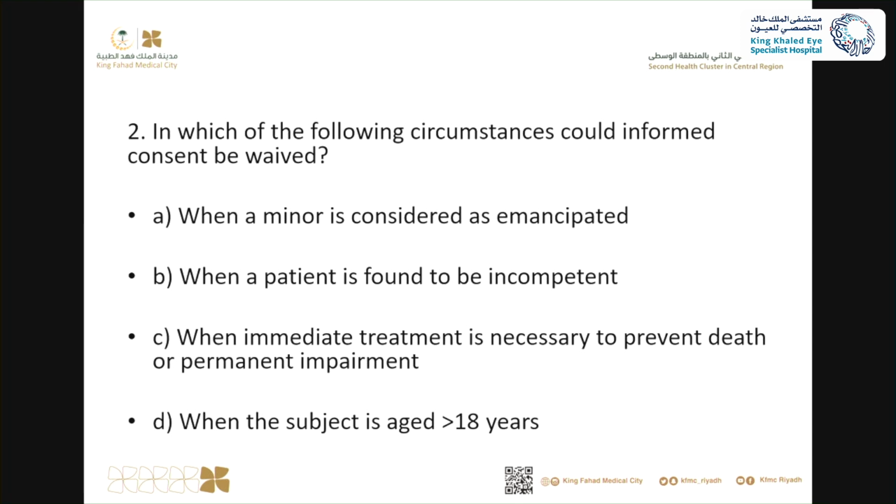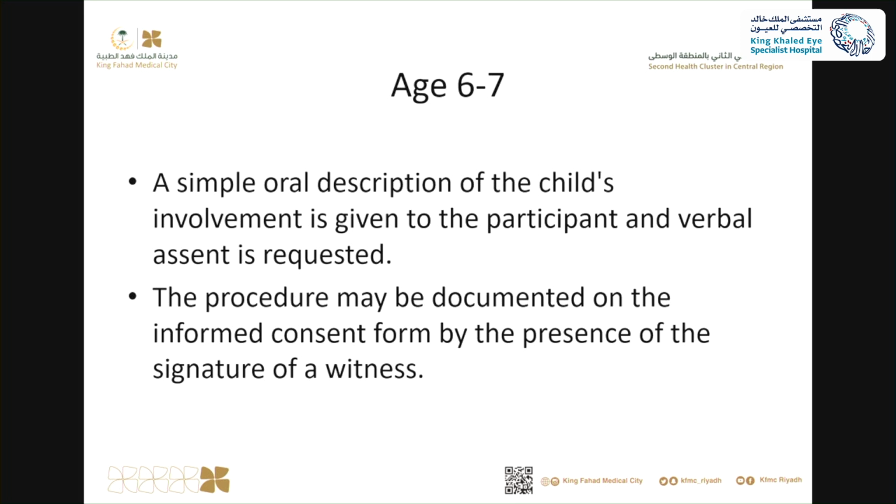Waived. Yes, C. In which of the following cases is a minor not considered emancipated, free, or self-sufficient? This is from the US, usually if he's in the US Army, but this does not apply to us. Age 6 to 7.